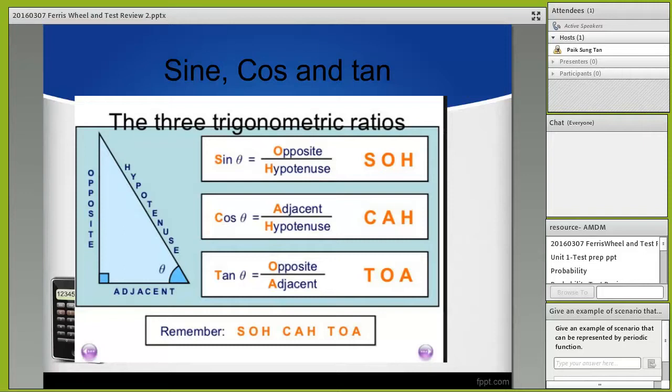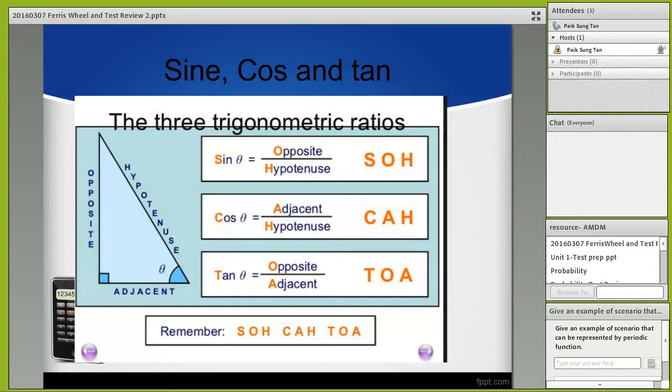And cosine of the angle is the adjacent side, right next to it, to the hypotenuse of the right triangle. Tangent of theta is the opposite side over adjacent. So in short, we have this short saying, SOH CAH TOA, to help you remember the ratios of these 3 trigonometric ratios.